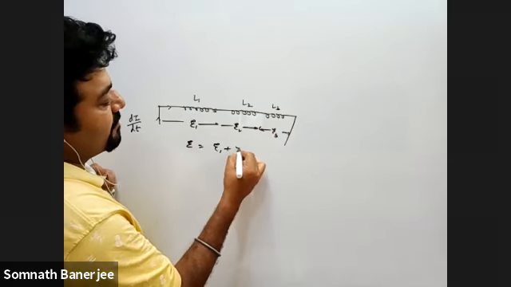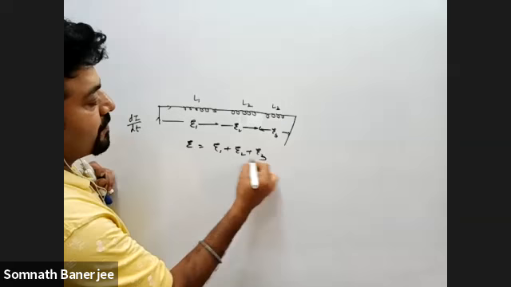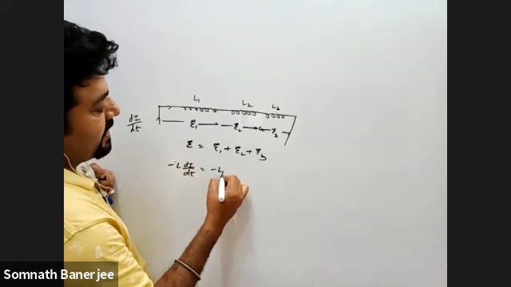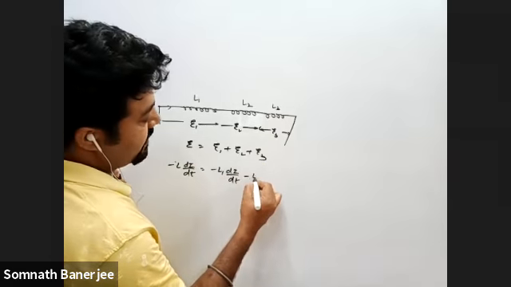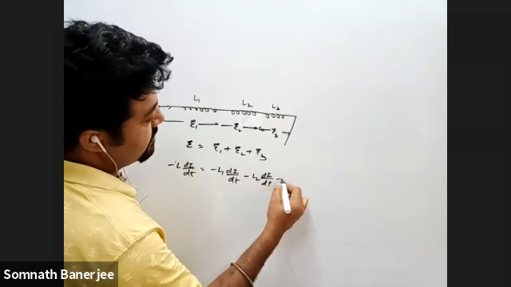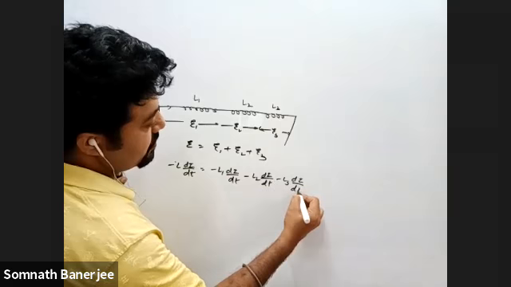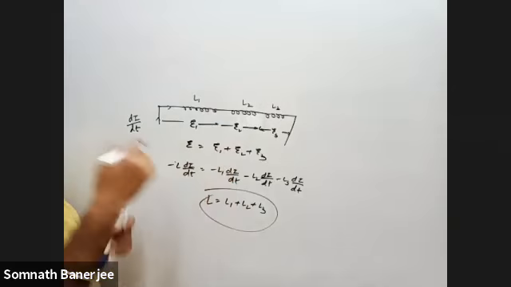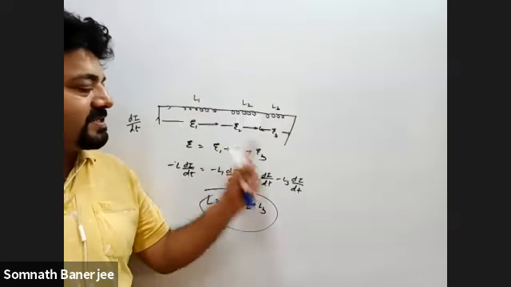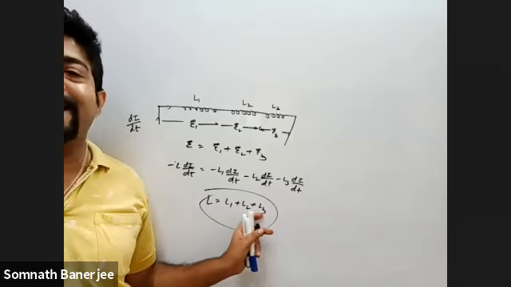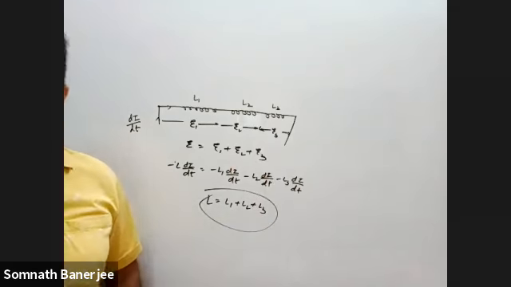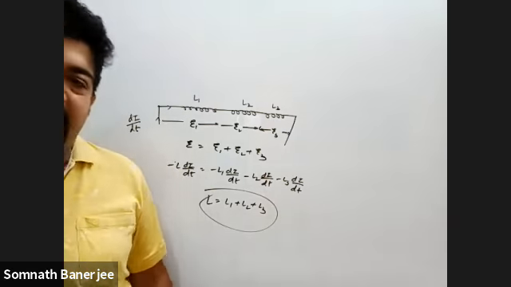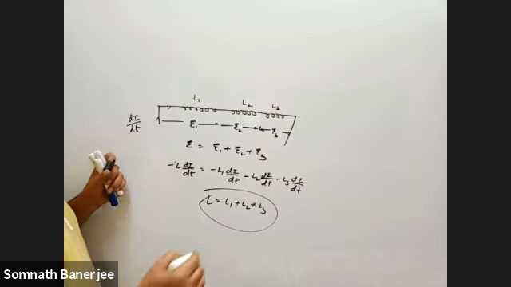So the total EMF is E1, E2, E3, that is minus L di by dt equals minus L1 di by dt, minus L2 di by dt, minus L3 di by dt. So L equals L1 plus L2 plus L3, because it's the same as resistance. But again, this is not the exact answer, because with this self-induction you have some mutual induction. But if the examiner asks you to ignore the mutual induction and just find the self-induction, then they can give you this type of question.